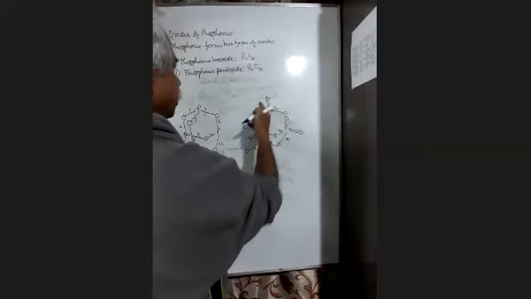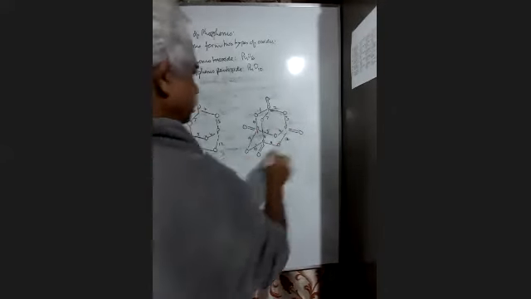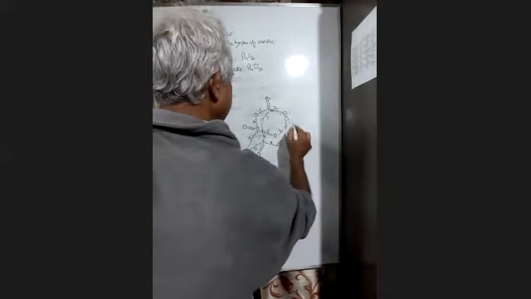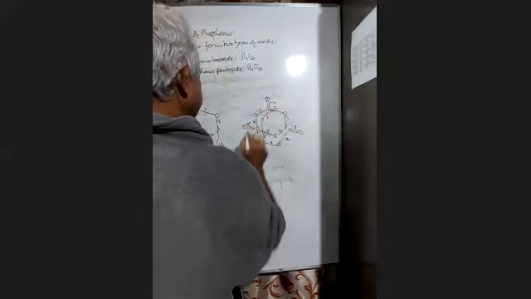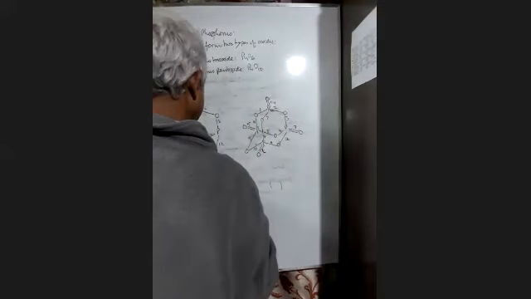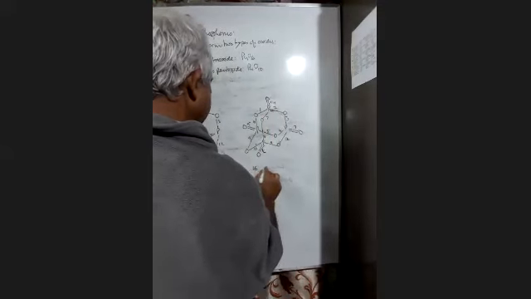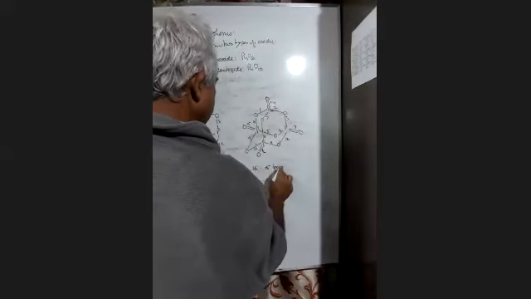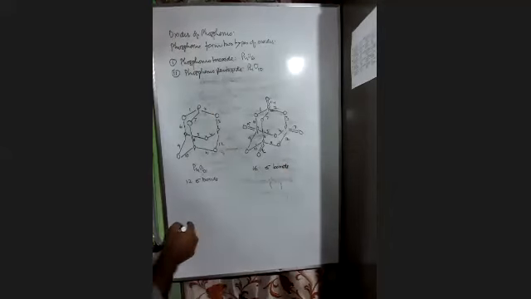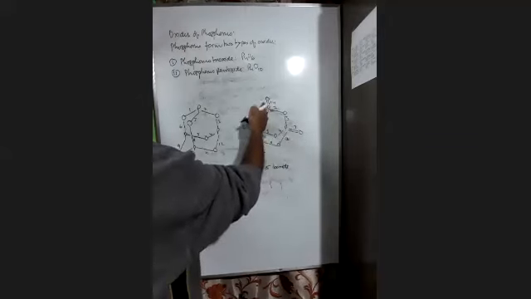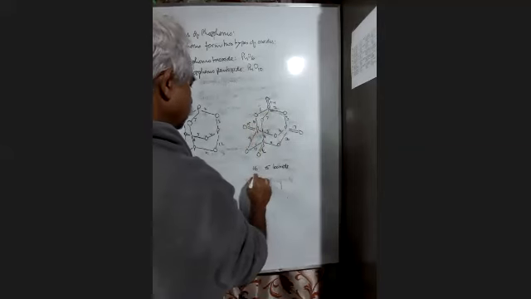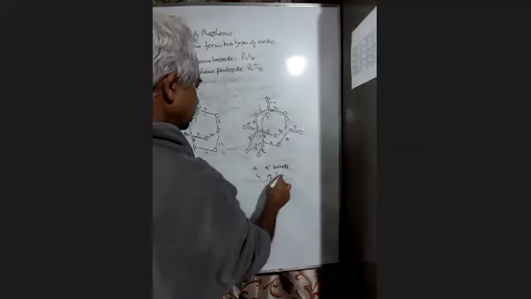So in this double bond, one bond is sigma. So let me write here 13, 14, 15, 16. That is 16 sigma bonds. And how many pi bonds? See here. Out of these two, one is pi. So 1, 2, 3, 4, 5. This is sometimes asked.